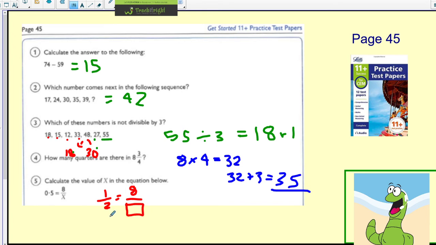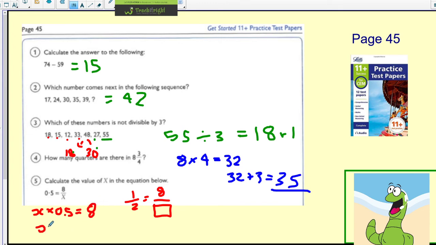That's one way of doing it. Or you can solve it algebraically by timesing both sides by x. So you'd end up having x times a half equals 8. And then you can end up having x divided by a half.